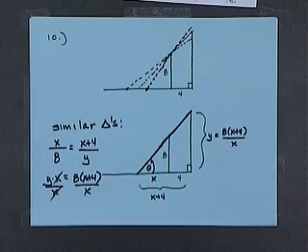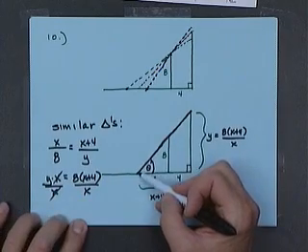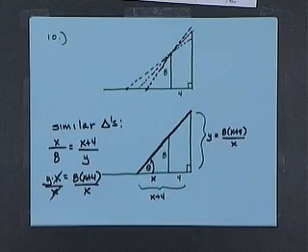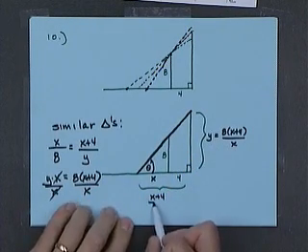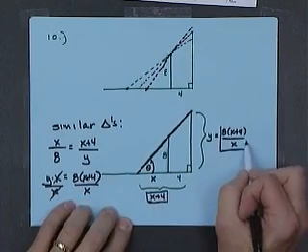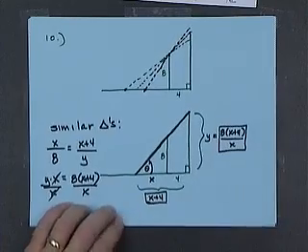Got some good progress going. We want now the length of the ladder. What's the length of the hypotenuse? Okay, this thing squared plus this thing squared, square root, right?